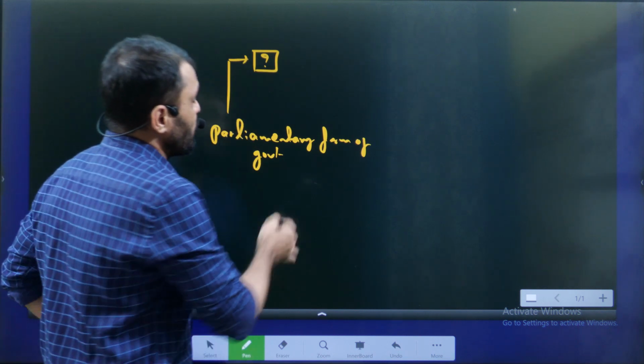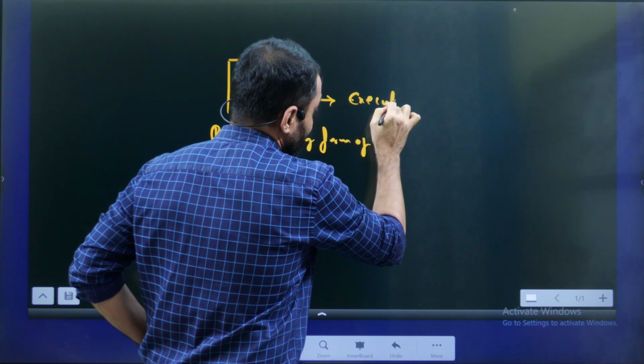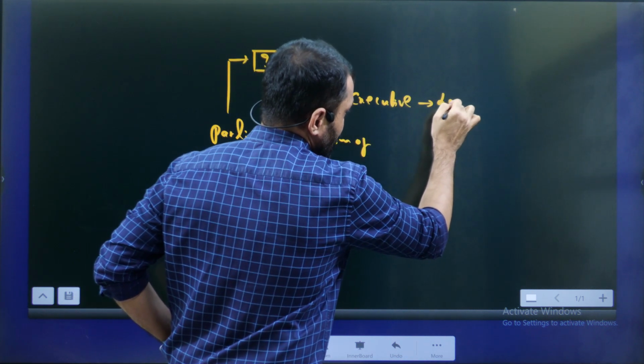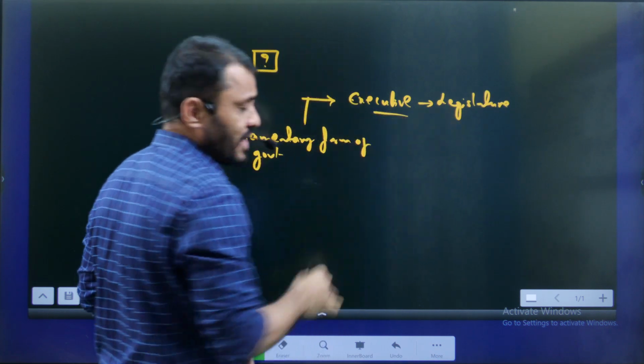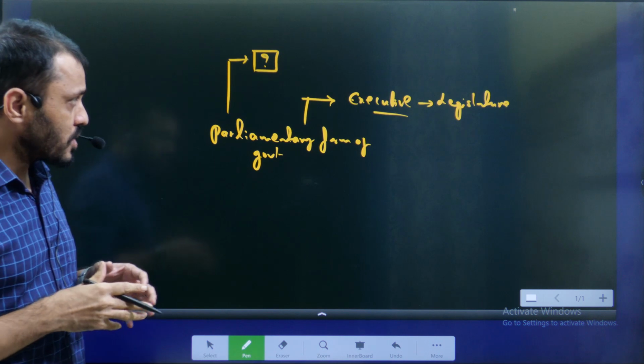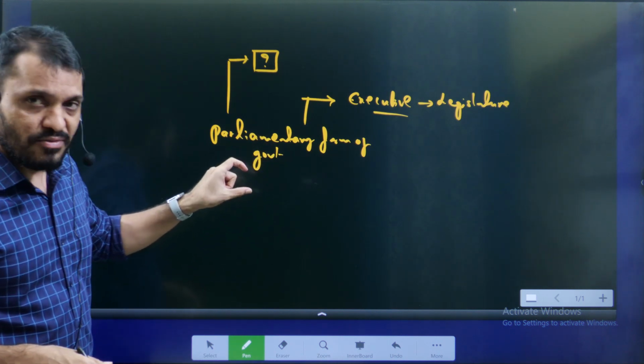Fine. In the parliamentary form of government, students, the executive is responsible to the legislature. The executive deals with implementation of laws, whereas the legislature deals with the making of laws. In India, how can we say that India follows the parliamentary form of government?